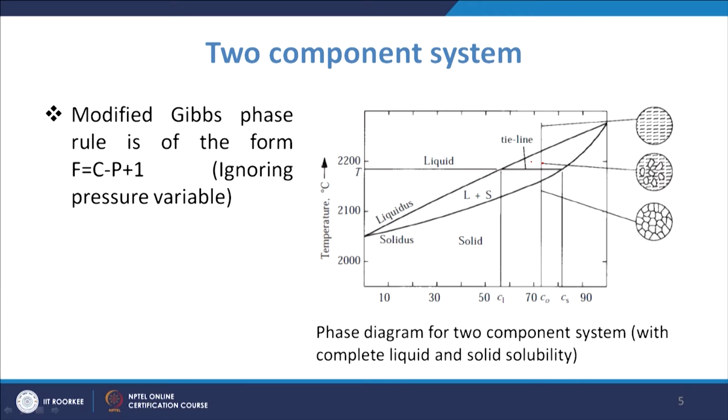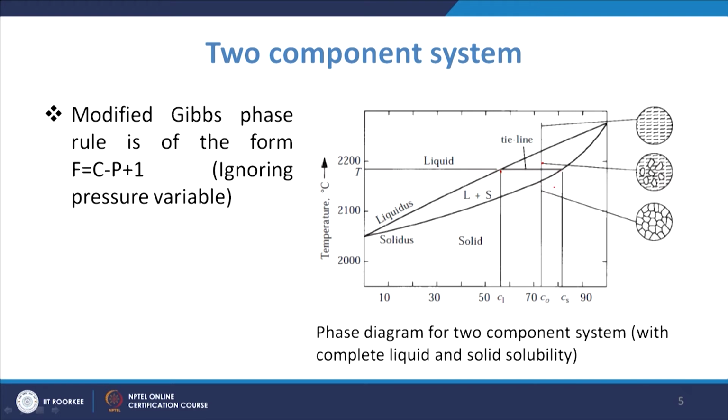Basically this is known as the tie line, and the tie line tells about the composition. It will tell you the composition of the liquid and the composition of the solid. The tie line meets here, with the liquidus point here and the solidus point here. Depending upon where the tie line touches, you get the liquid and solid compositions.